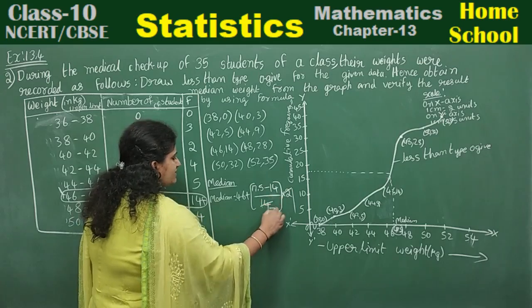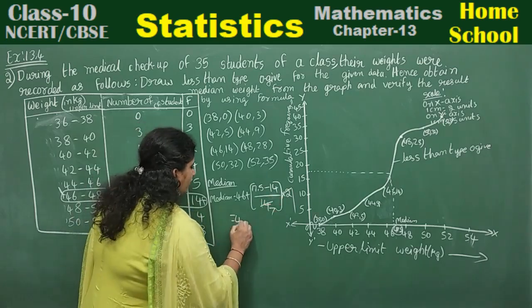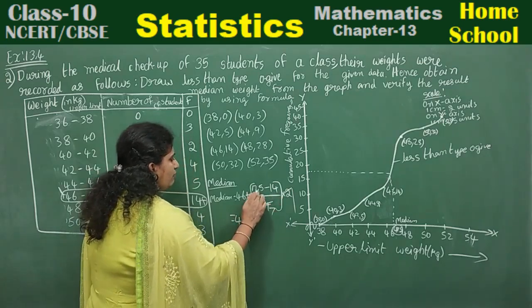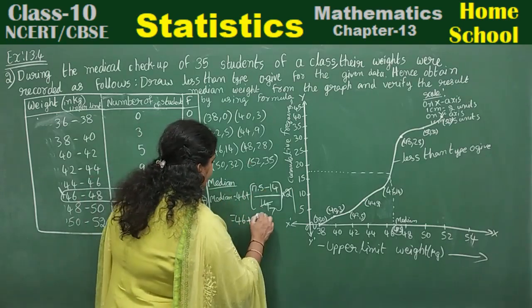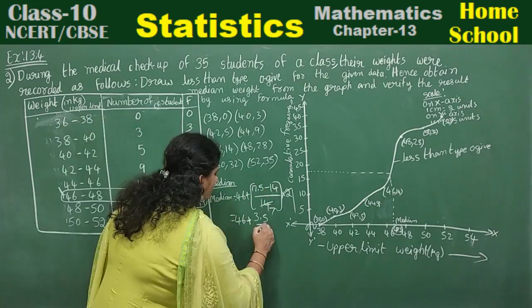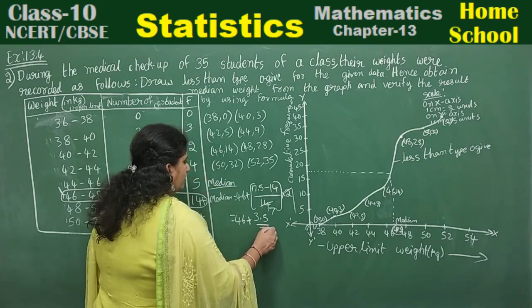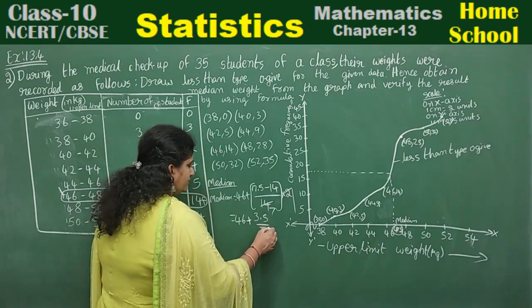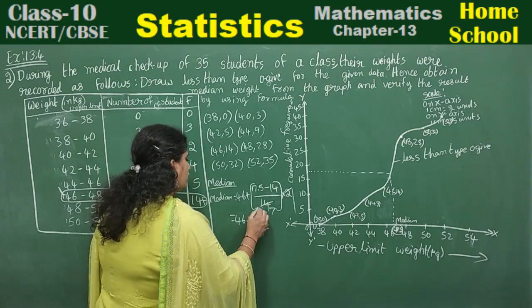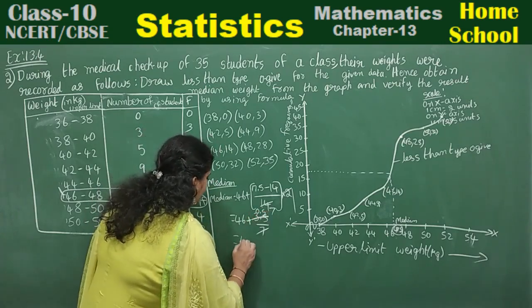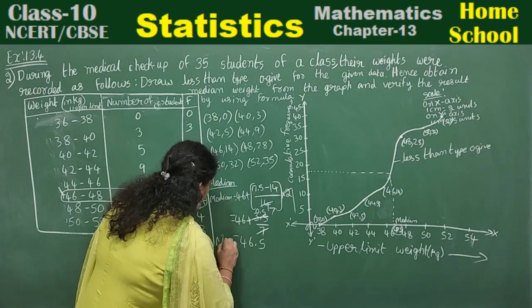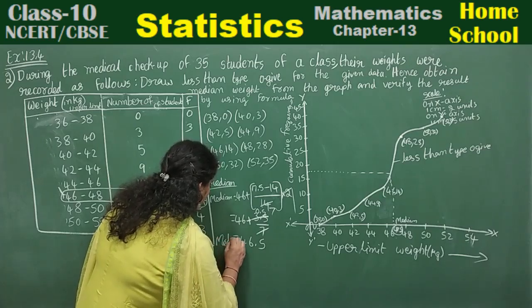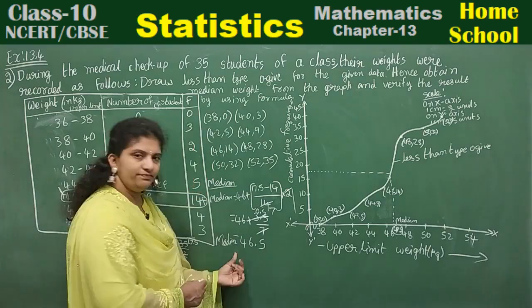2 sevens are 14. 46 plus 17.5 minus 14 will be 3.5 by 7. If you cancel this, 0.5. Add this to 46, 46.5 is your answer. Therefore, median is equal to 46.5.